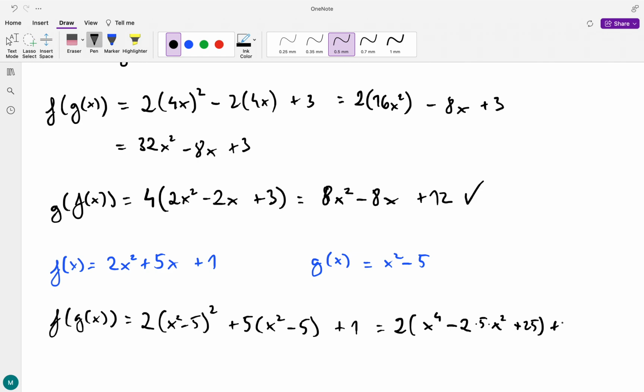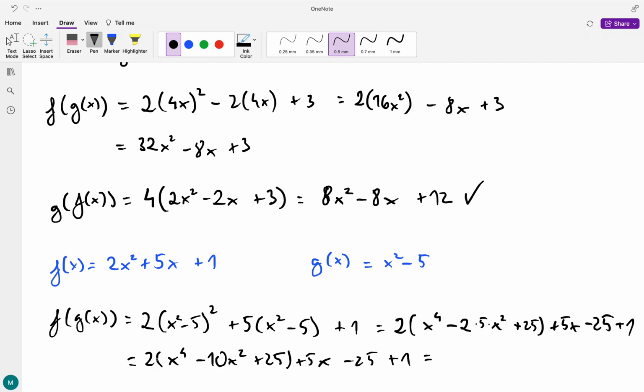And then we have plus 5x minus 25 plus 1. So let's finish it up. We have 2 times x to the 4th minus 10x squared plus 25 plus 5x minus 25 plus 1. Seems like I forgot the parentheses somewhere right here.